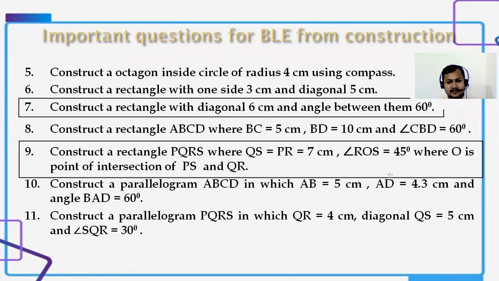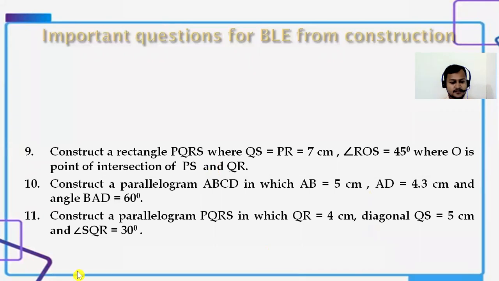Those are diagonals and ROS is 45 degree, means angle between them is 45 degree. So process of 7 number as well as 9 number, these both are same. दुईटैलाई एउटै procedure हुन्छ. Only while drawing angle of 45 degree the process is different. Other process is same for both questions.